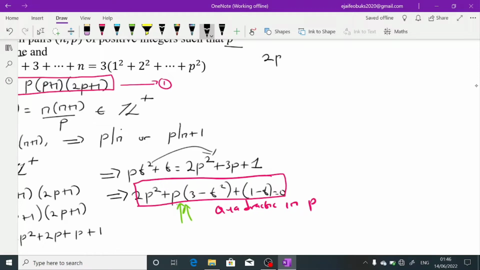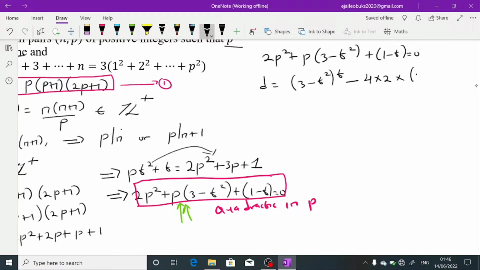This equation: 2p squared plus p(3 minus t squared) plus (1 minus t) equals 0. The discriminant of this equation is (3 minus t squared) all squared minus 4 times 2 times (1 minus t). Squaring, this is 9 minus 6t squared plus t to the fourth, minus 8 times (1 minus t).